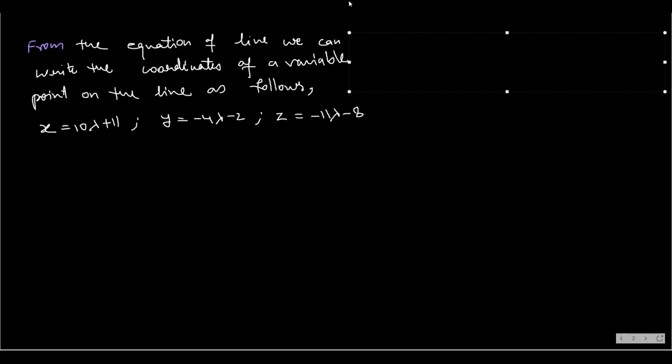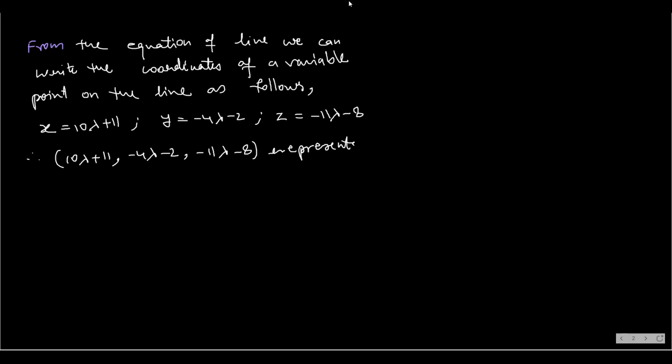z was nothing but the coordinates of a variable point on the line. Okay, so I will write therefore 10 lambda plus 11, comma minus 4 lambda minus 2 comma minus 11 lambda minus 8 represents a variable point on the line.